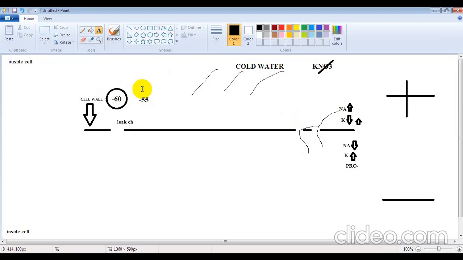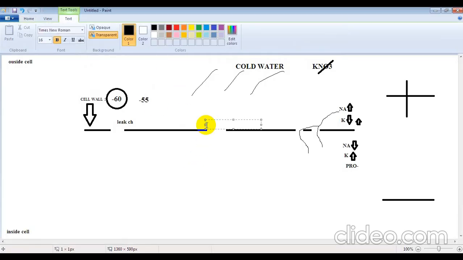Previously, when the potential reached -55, we said we have a voltage gated sodium channel, which opens and allows a large influx of sodium.